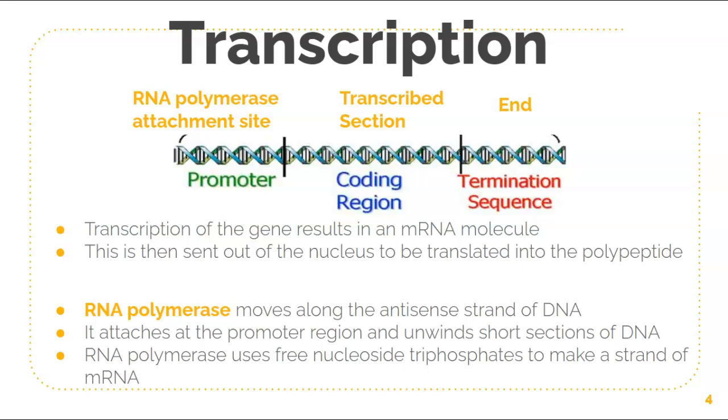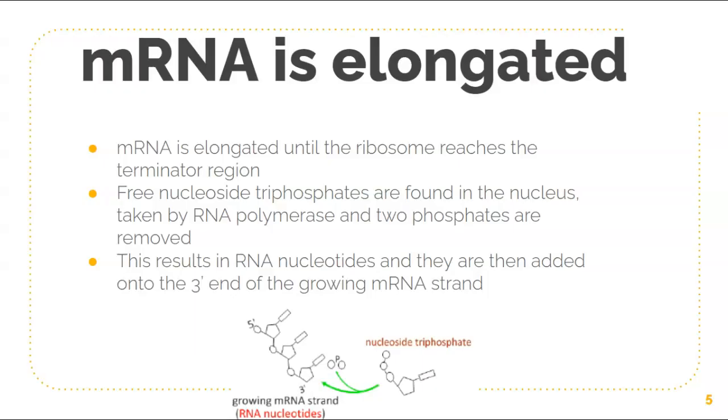I know that I'm really focusing in on this, but I really need you to understand the difference between antisense and sense strand. So RNA polymerase moves along the antisense strand, attaching at the promoter region and unwinding that DNA. Once it unwinds that DNA, it is now free to use free nucleoside triphosphates to make that strand of mRNA based on that unlocked, untwisted area of DNA. mRNA is then elongated until it reaches the terminator region, right?